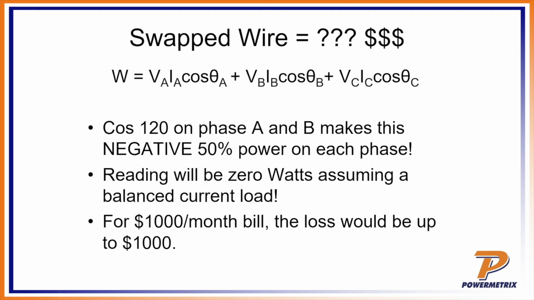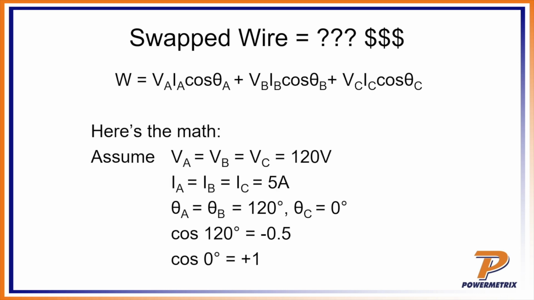So what that means is that for a $1,000 a month bill, the loss would be $1,000. So if it's 1,000 out of 1,000, how much is left? 0. When I add up my voltages at 120 and my currents at 5 amps, the phase angle for A and B are both 120, but C is 0.